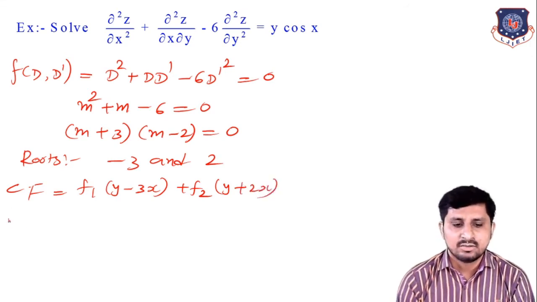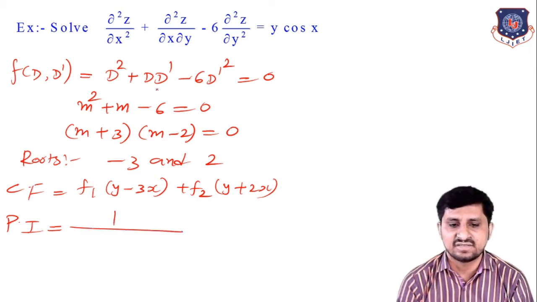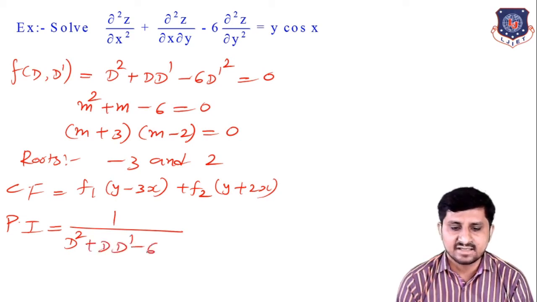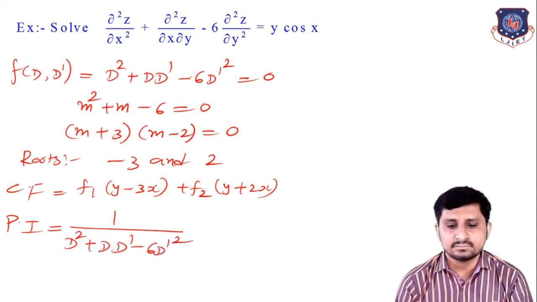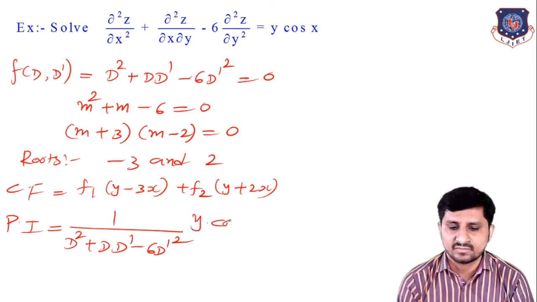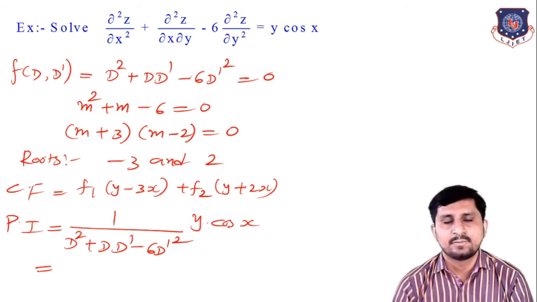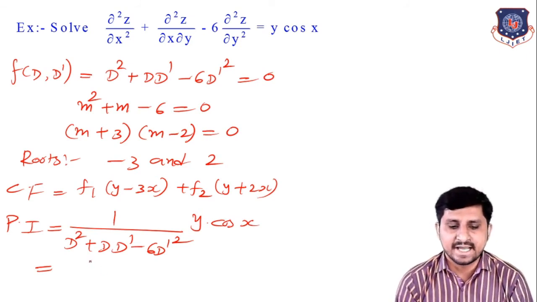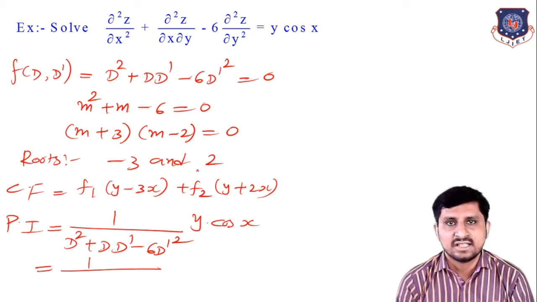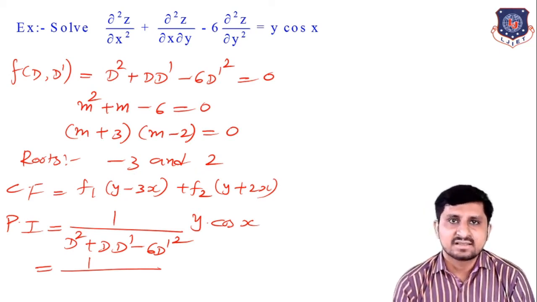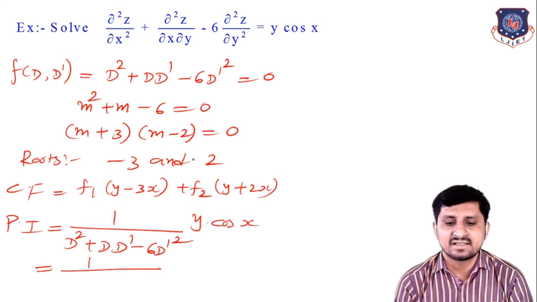Okay, now to write particular integral, I directly write factorization of this function. We know that f of D D dash, that is D square plus D D dash minus 6 D dash square, function is y into cos x. Okay, but when we convert this quadratic polynomial of f of D D dash in a linear factor, because minus 3 and 2 are roots, so I can write D plus 3D dash and D minus 2D dash.